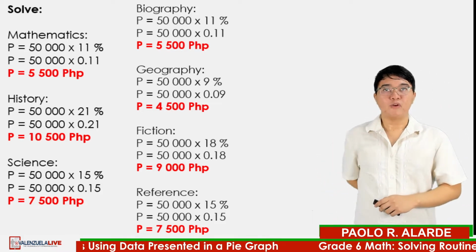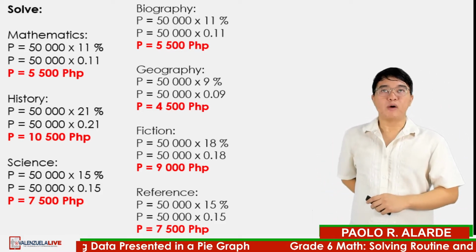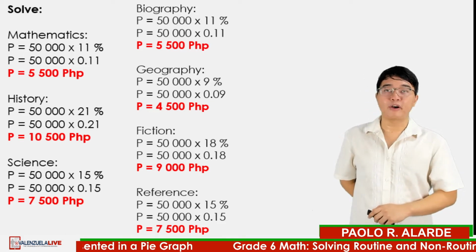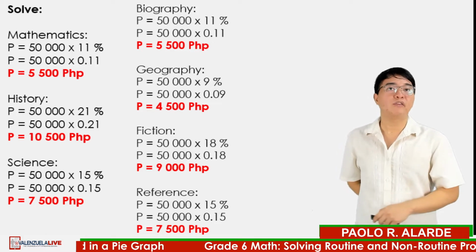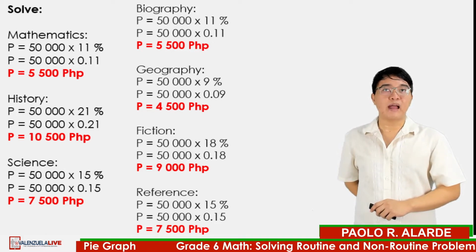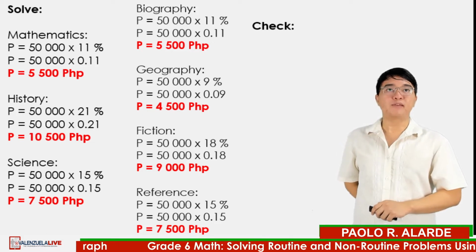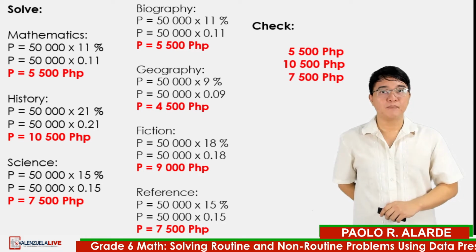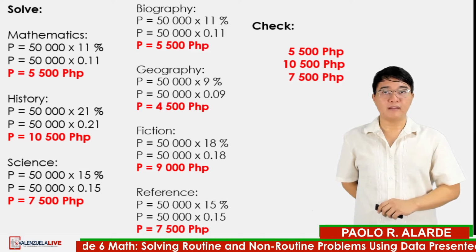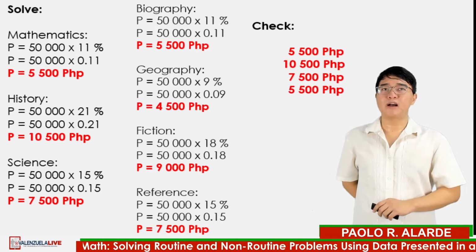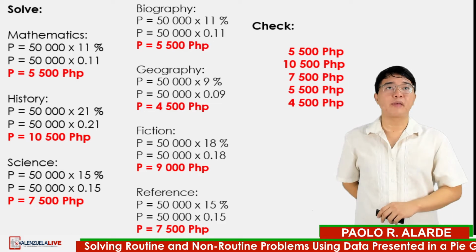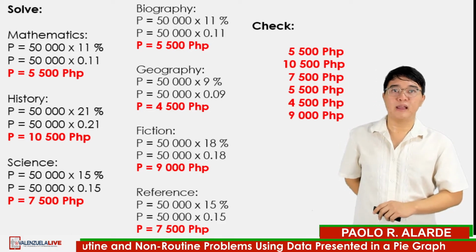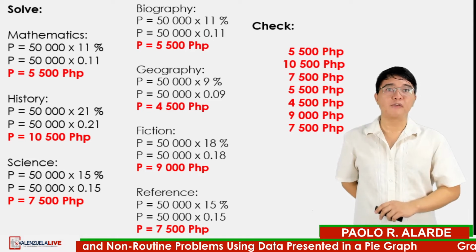So if you want to make sure if your answers are correct, you can do checking. So how are you gonna check? You can check it this way. You can add all the amounts spent for each type of book, which is 5,500 for math, 10,500 for history, 7,500 for science, 5,500 for biography, 4,500 for geography, 9,000 for fiction, and 7,500 for reference.